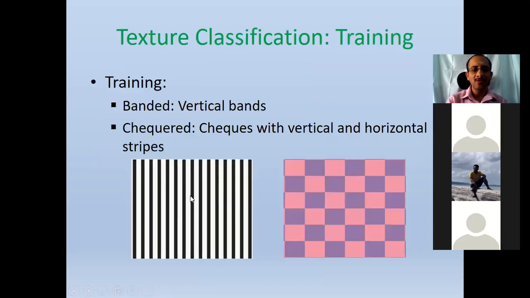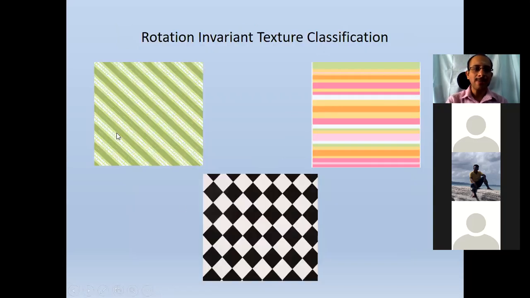I have data where only this kind of images are there representing the stripes, and only this kind of images representing the checkerboard pattern. Then I give you test samples as this and this. Do you think we will be able to classify correctly, checkerboard as checkerboard and stripes as stripes? Yes or no? Yes, sir.